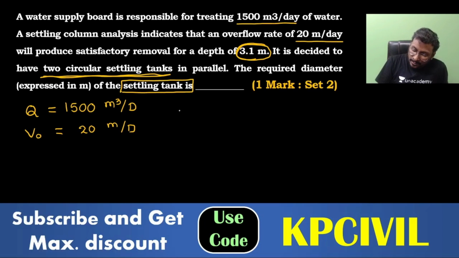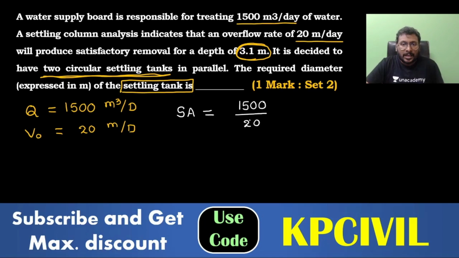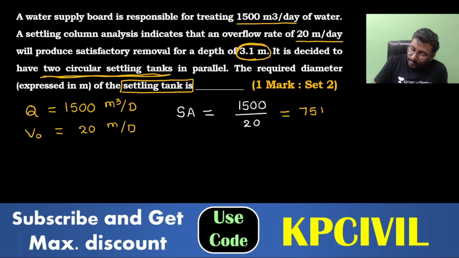Now, surface area. First we estimate surface area, which is equal to discharge by overflow rate, 1500 by 20. What is the answer? 75 meters square. Now how many tanks are there? 2 tanks.